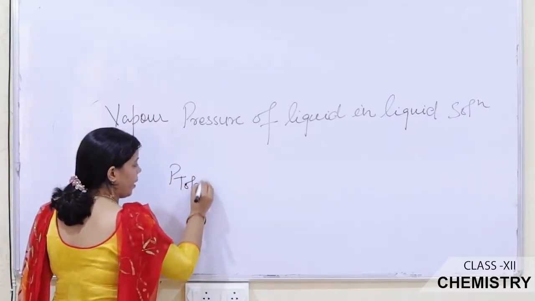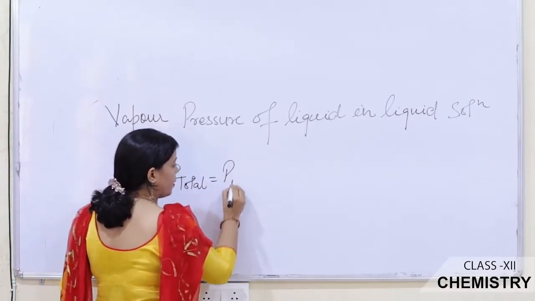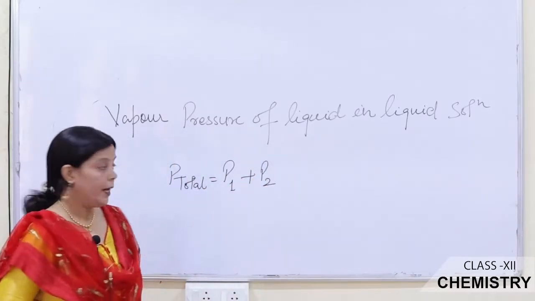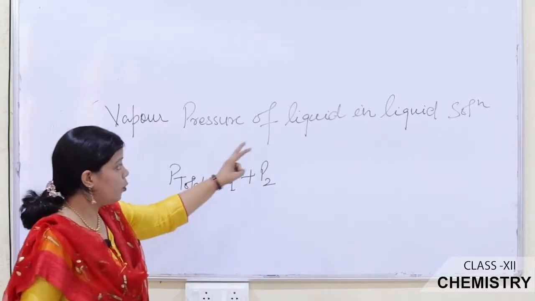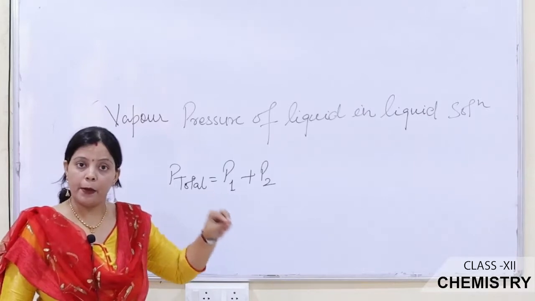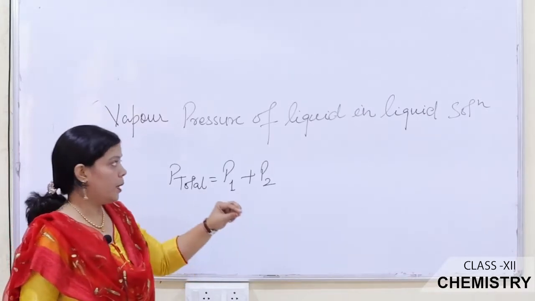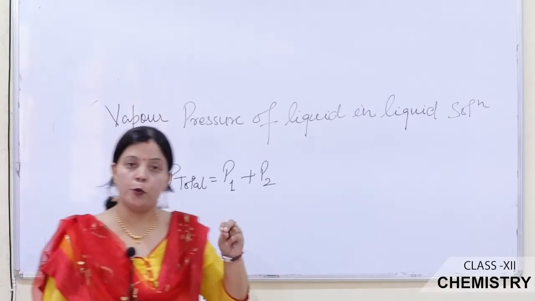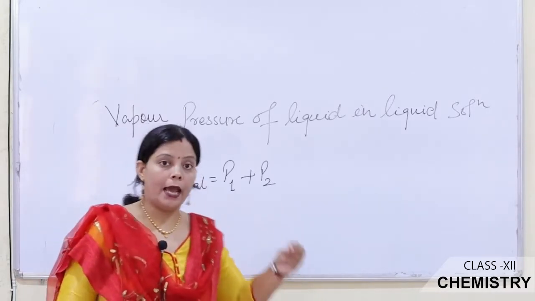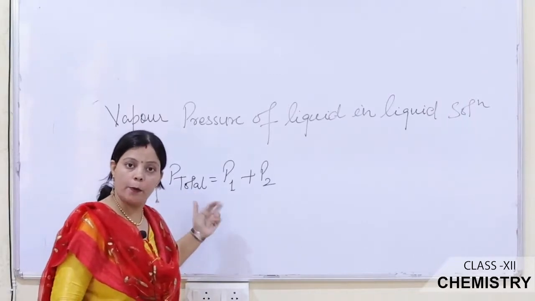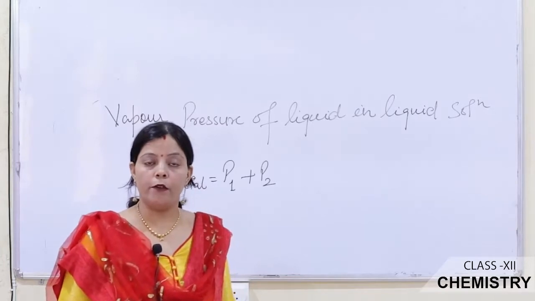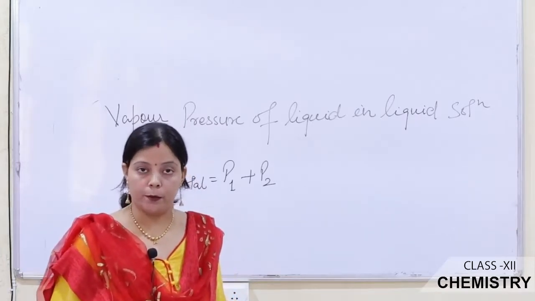The total vapor pressure is equal to the vapor pressure due to component 1 and the vapor pressure due to component 2, because both components have a tendency to escape into the vapor state. This is in accordance with Dalton's law of partial pressure: the total vapor pressure is the sum of the vapor pressures of the individual components.